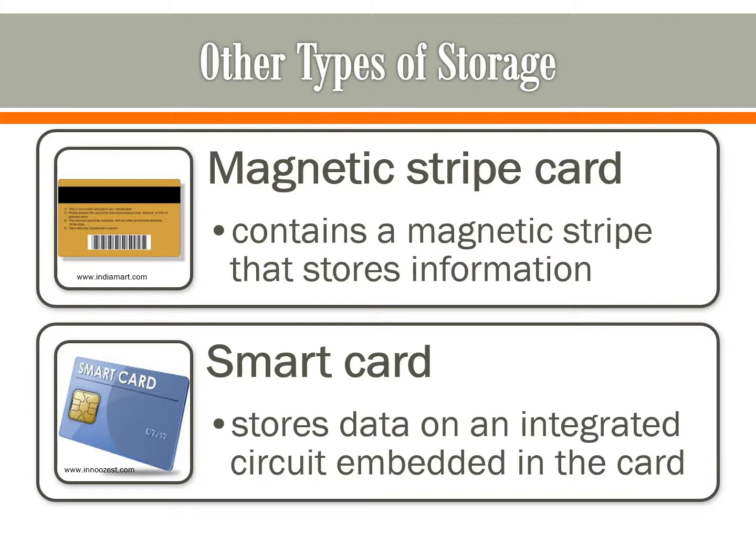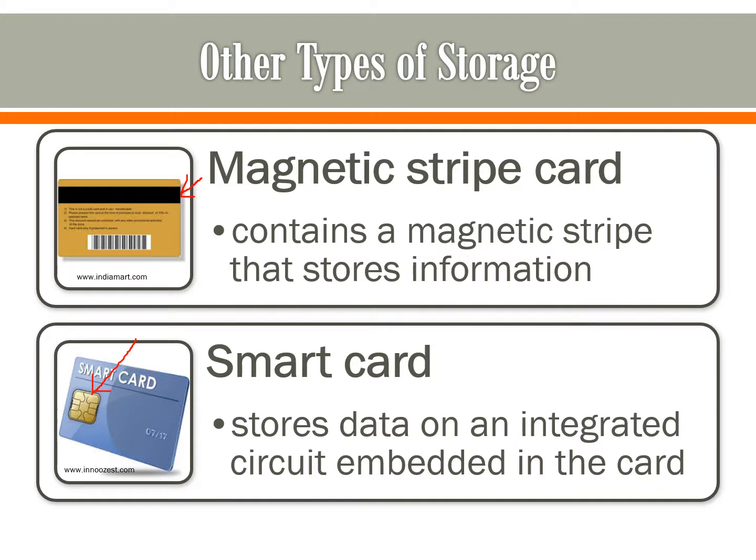Remember, the magnetic stripe is this component. Okay, smart card. Why is it called a smart card? Because it has a chip. Most cards nowadays, for example bank cards and credit cards, use smart card technology.